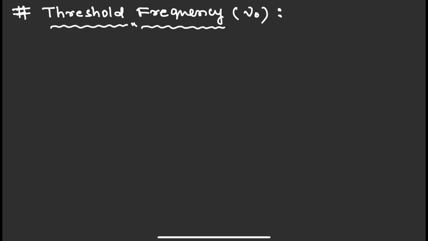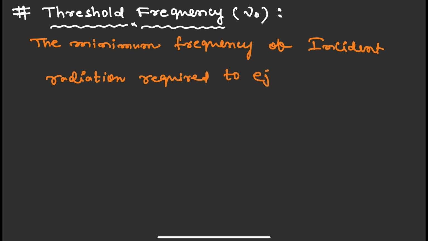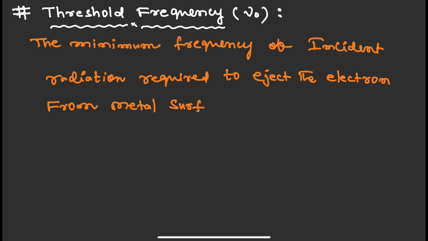Threshold frequency is the minimum frequency of incident radiation required to eject the electron from the metal surface. This is the threshold frequency.